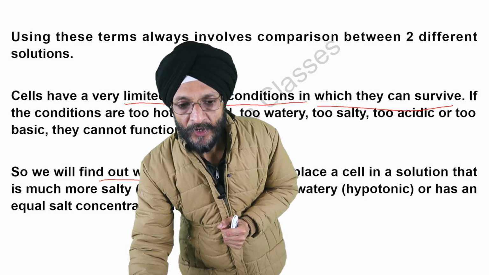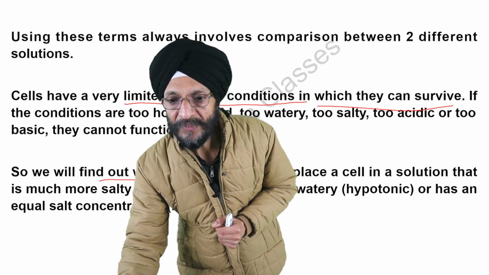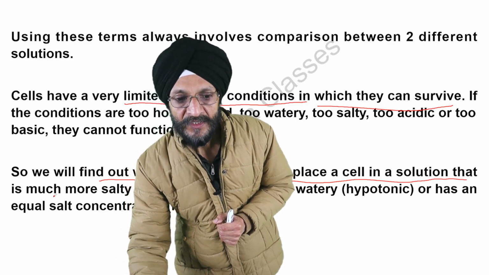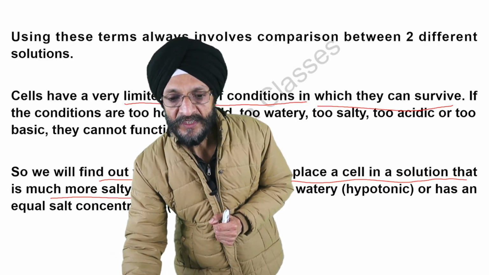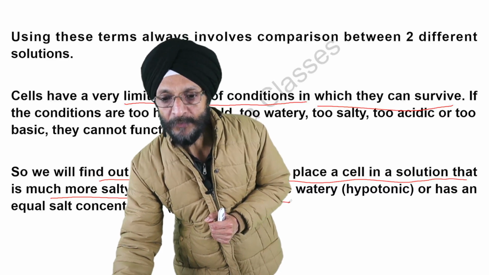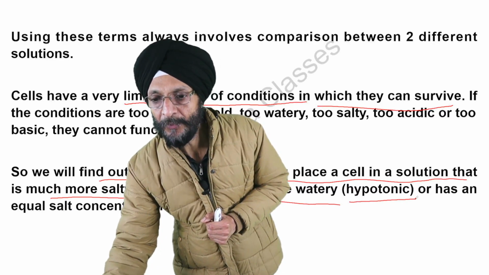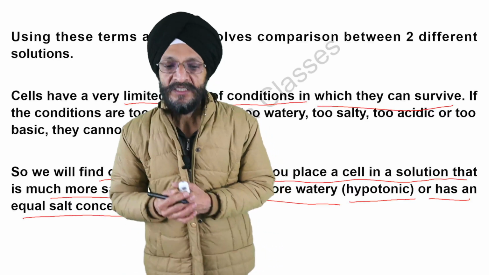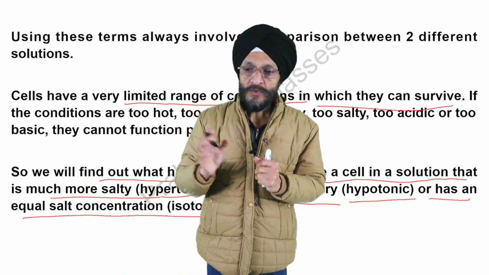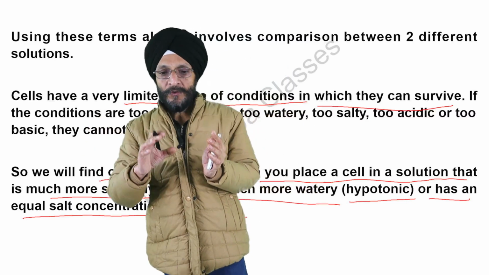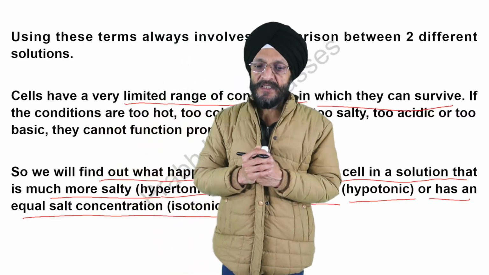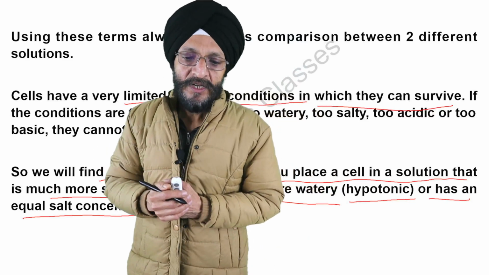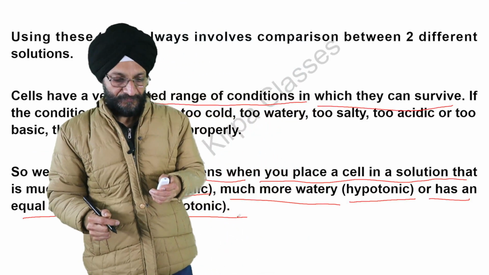So we will find out what happens when you place the cell in a solution which is more salty, that is hypertonic, much more watery, that is hypotonic, or has an equal salt concentration, that is isotonic. We will try to find out the position of the plant cell when it is placed in hypertonic, hypotonic or isotonic solution.